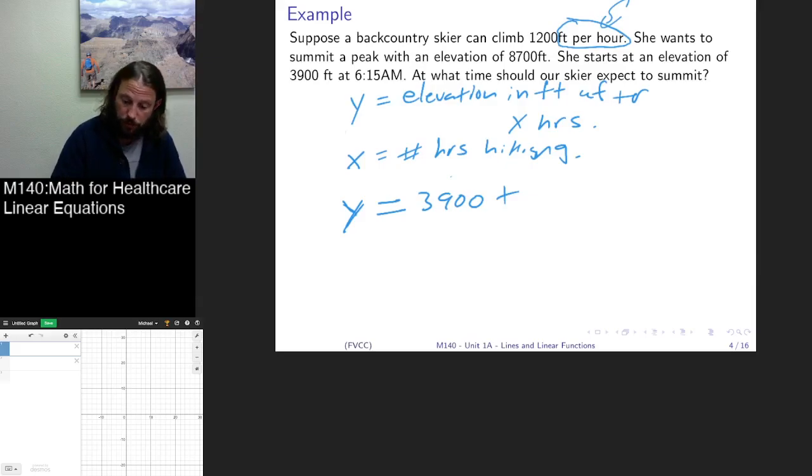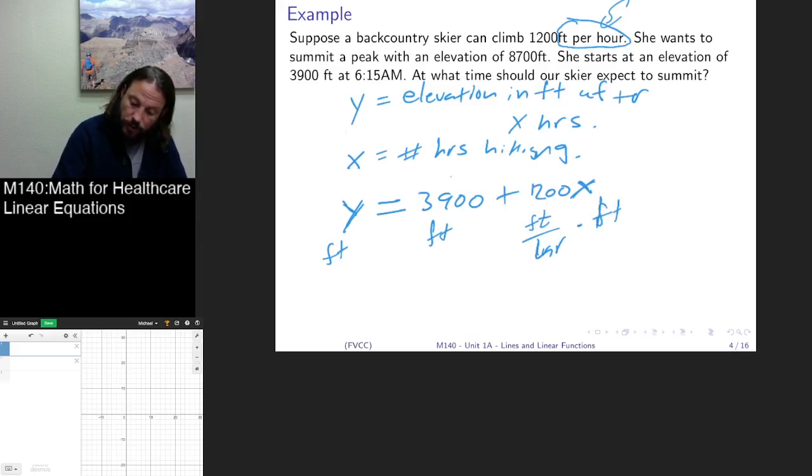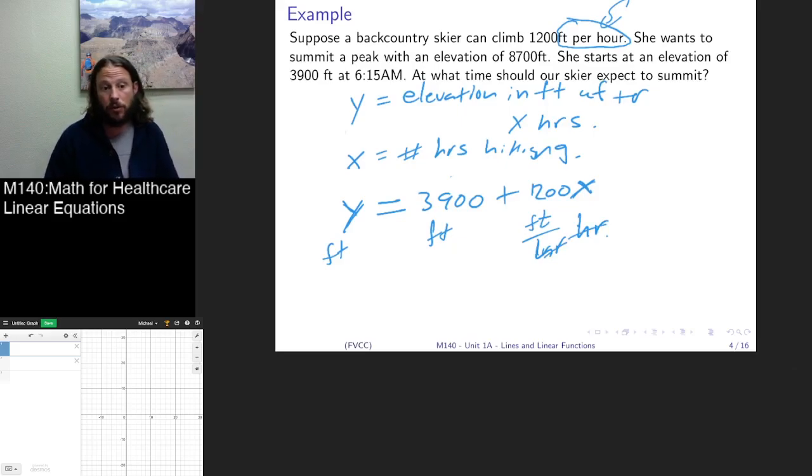And that is 1,200 times the number of hours. Notice this is in feet, this is in feet, and this is in feet per hour times x, which is in hours. Oh, look at that, the units cancel, and we get feet plus feet is feet. That's what we like to see with units.